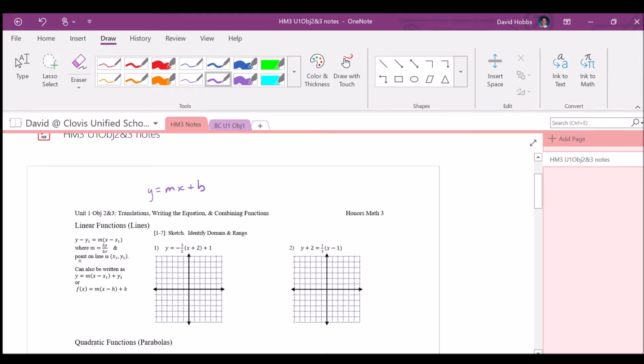Okay, point-slope form, where it's essentially the parent function, the y equals mx, and we put a point in there. The point is x1 comma y1, and then you can see the slope. So if you take away the x1 and the y1, you can still see it's the y equals mx equation. Okay, could also be written, I mean, we can move the y1 to the other side. It becomes a plus y1 over there, and the x1, y1 can be replaced with an h and k as well.